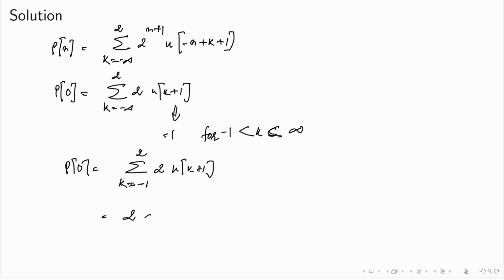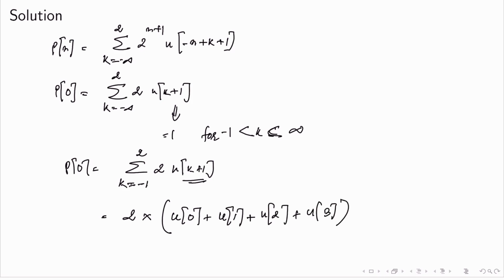So for k equal to minus 1 it is u of 0, k equal to 0 is u of 1, then u of 2 and u of 3. This will be equal to 1 1 1 1, and this is 2 into 4, which is equal to 8. So for p of 0 we get the value 8.